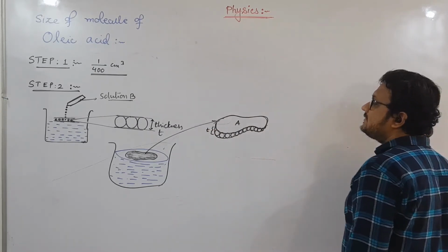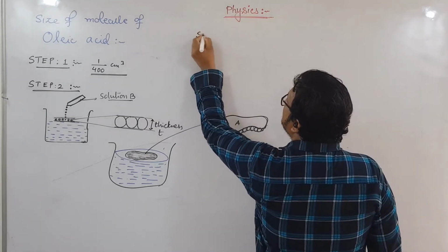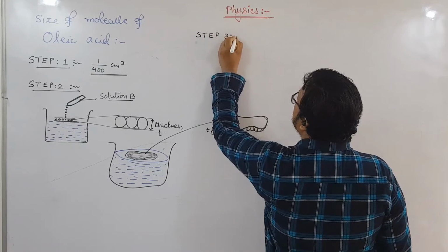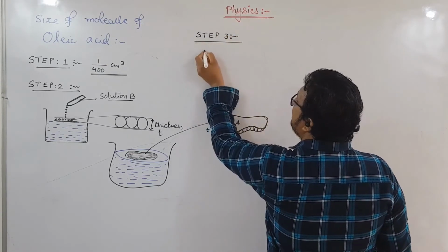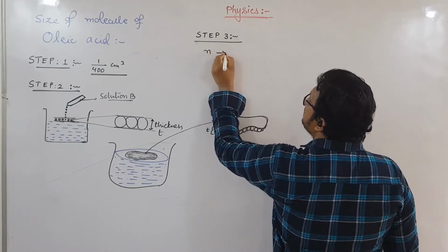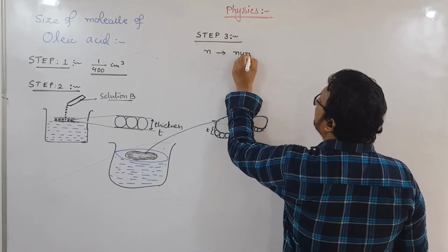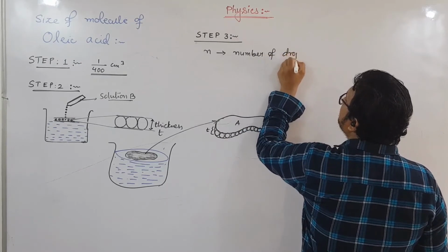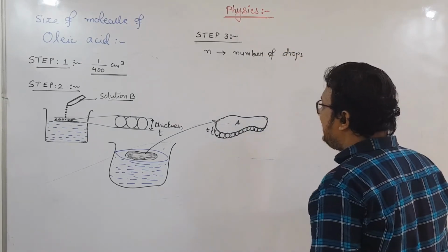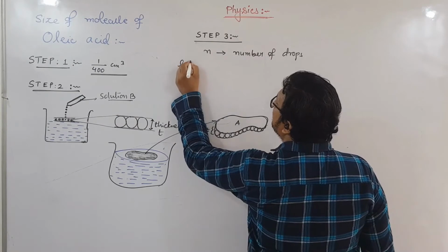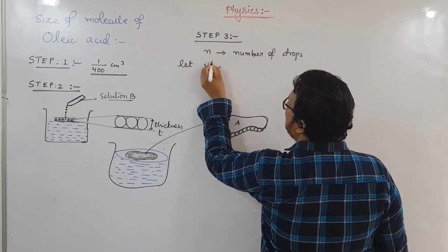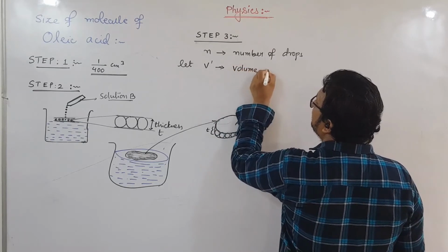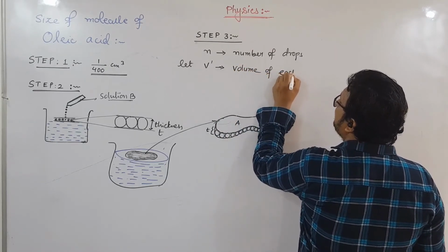So first of all, in step 3, let us say we have added n drops, where n represents the number of drops, and let V dash be the volume of each drop.